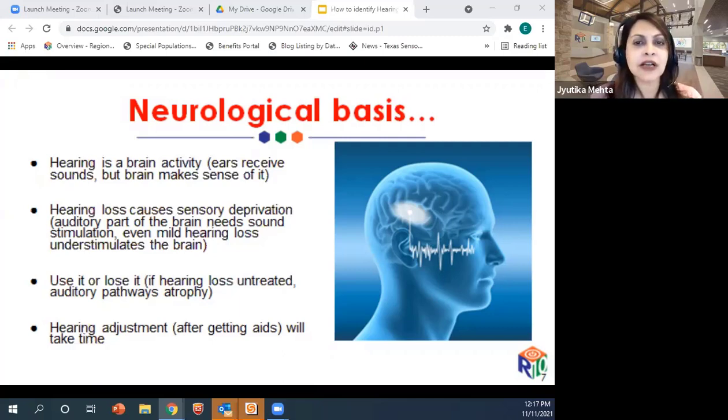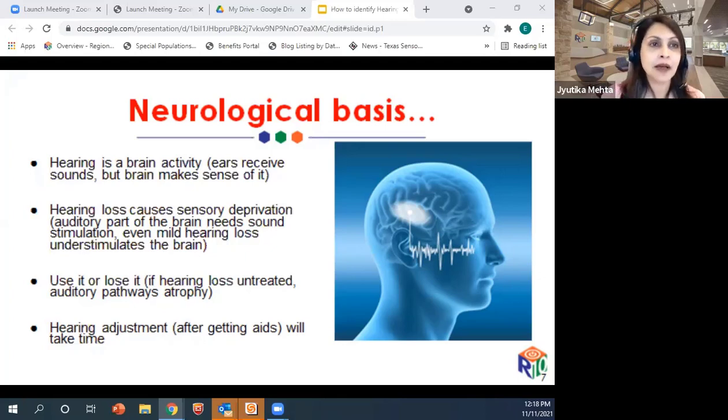A lot of times when it comes to auditory deprivation, the part of the brain associated with vision tends to take over the auditory portion, and vice versa. Sometimes when we have visual impairment, the auditory cortex tends to become larger, and you have probably seen that. Children with visual impairment seem to have a higher sensitivity to auditory information, and vice versa.